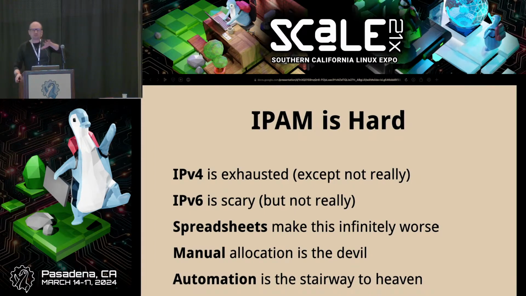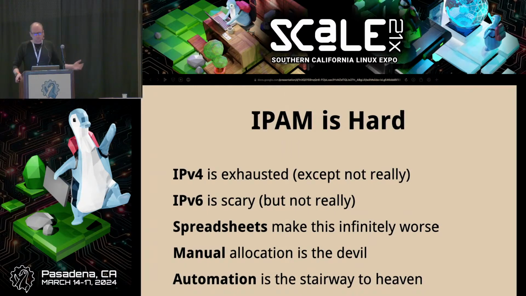And so one of the themes of this talk will be letting go of the past and embracing the future of automation. And a lot of us, I'm sure, are used to using spreadsheets and managing our IP allocations. I've spent probably years of my career migrating companies I've worked for off of spreadsheets onto automated systems to do IP address management or sources of truth.